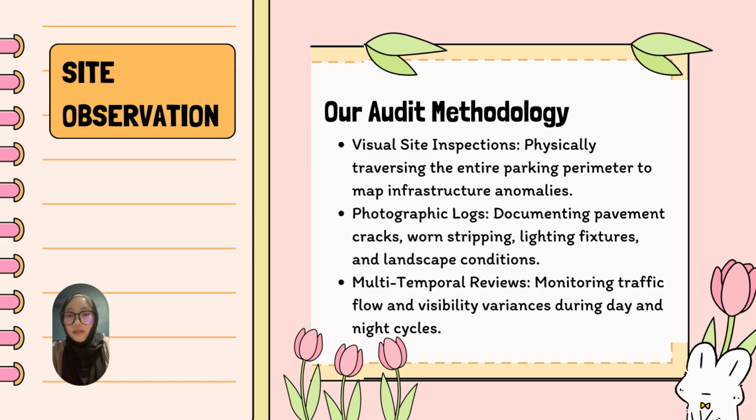The first method was visual site inspection. We basically walked around the entire parking area to observe the condition of the facilities, identify potential hazards, and assess the overall suitability of the location. This helps us understand the actual condition of the site rather than relying solely on assumption.